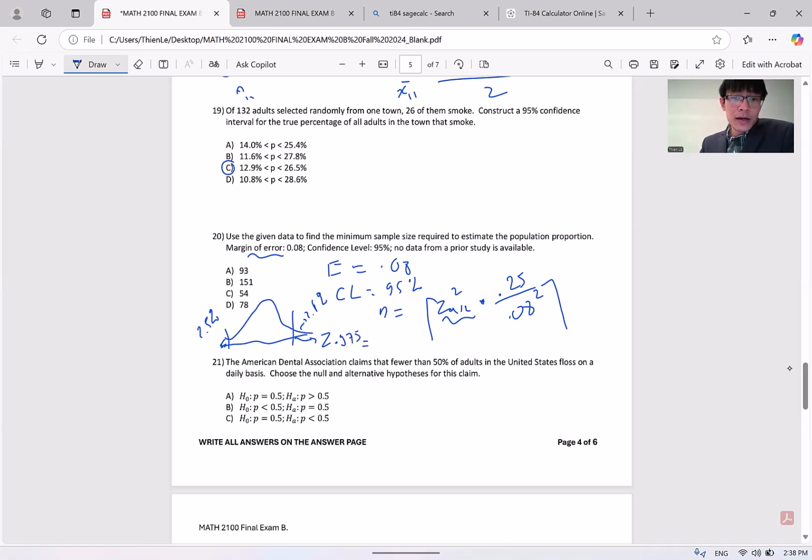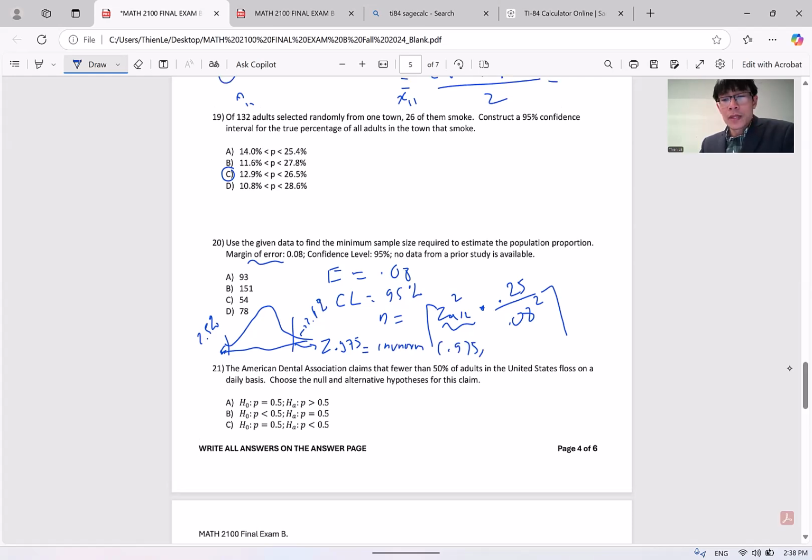If you plug into your calculator, it should be the inverse norm of 0.975, and I believe this value will be 1.96, okay? So now you have everything to plug in: 1.96 squared times 0.25 divided by 0.08 squared.